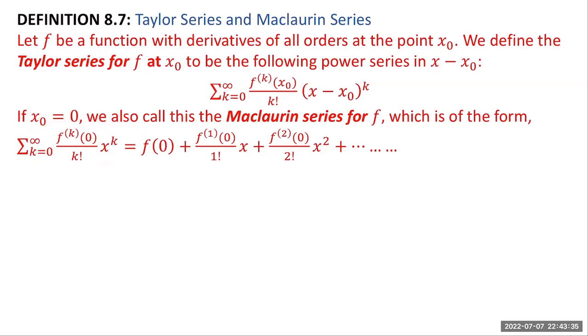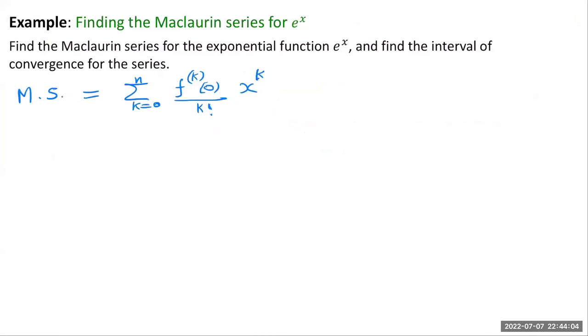Again, notice that k goes from 0 to infinity, not up to n. If you write the expanded form, this is what you get. If you plug in k equals 0, you just get f of 0, and if you plug in k equals 1, you get this term, and so on and so forth. You can easily do this by plugging k values into the k-th term. All right, let's move on.